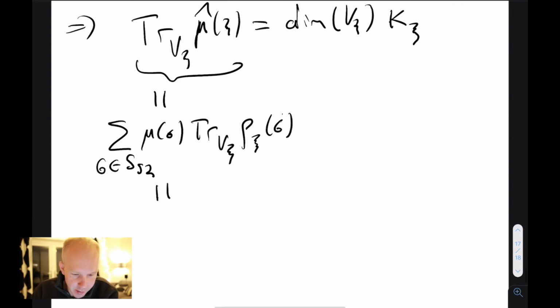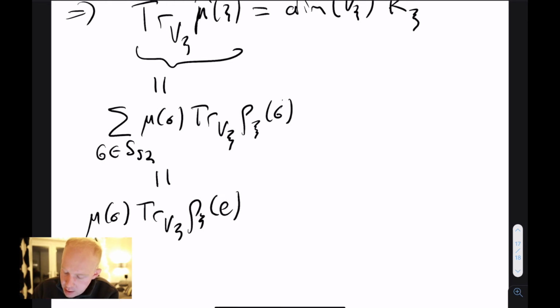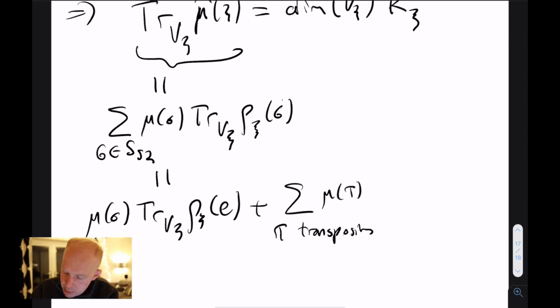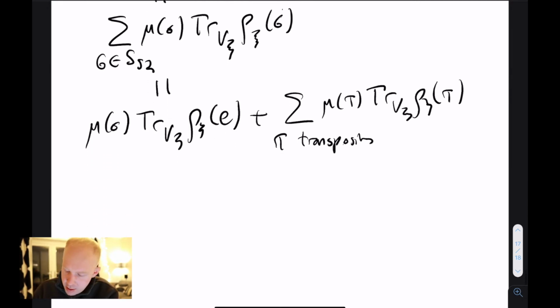Once I open this definition up, because μ is supported on transpositions and the identity element, we have the term with the trace of ρ_ψ of the identity element, plus, where τ is a transposition, the other ones, μ(τ) times the trace of ρ_ψ(τ). So these are all the transpositions that are remaining.